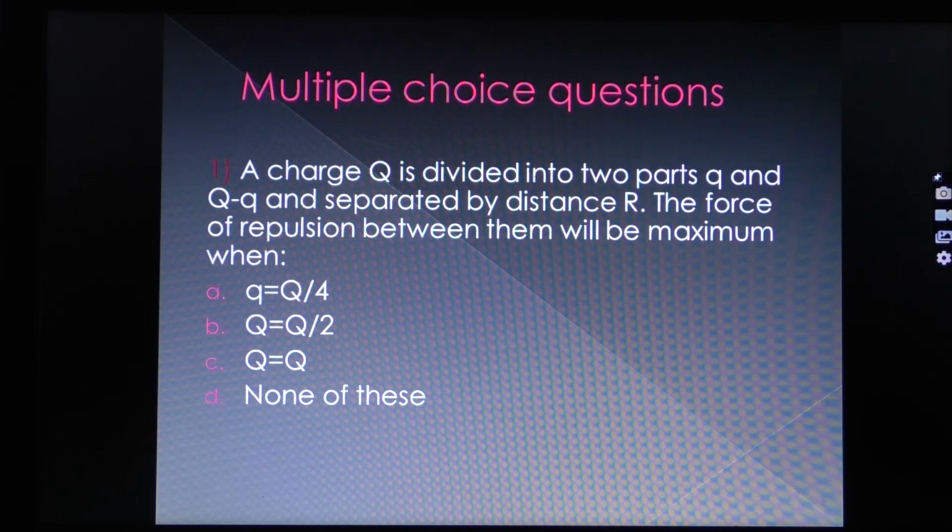Let me say that the charge is q plus q, and from this you have to find capital Q, which is small q plus small q, that makes 2q. All right? So 2q is equal to capital Q. So solving for small q, it would be equal to capital Q by 2. So which one is the correct option? That is option B. Option B is correct.